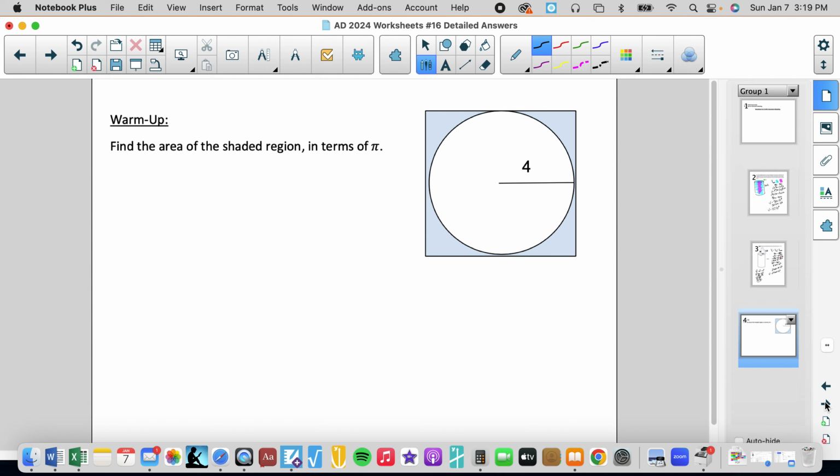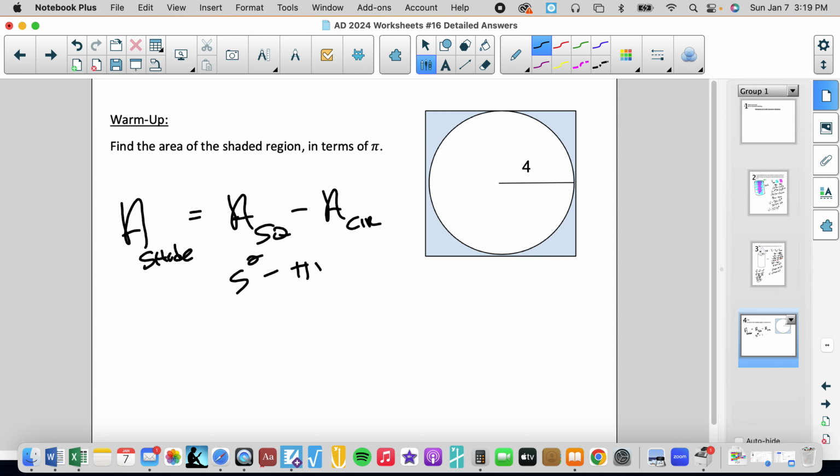Warm up, find the area. So here we go. So area of the total, or shaded, is going to equal the area of the square minus the area of the circle. So area of a square is side squared. Circle is pi r squared. The side length is going to be, if this is 4, the other side is going to be 4, because those are radius.